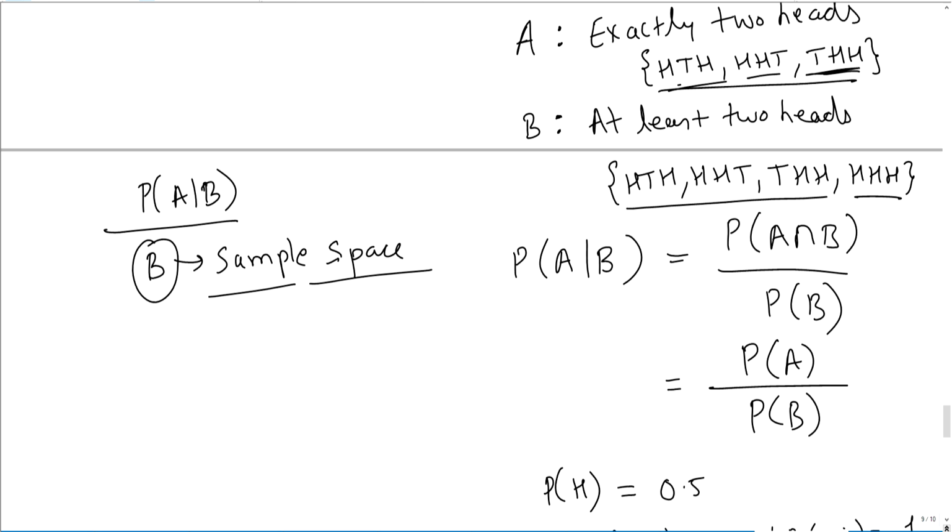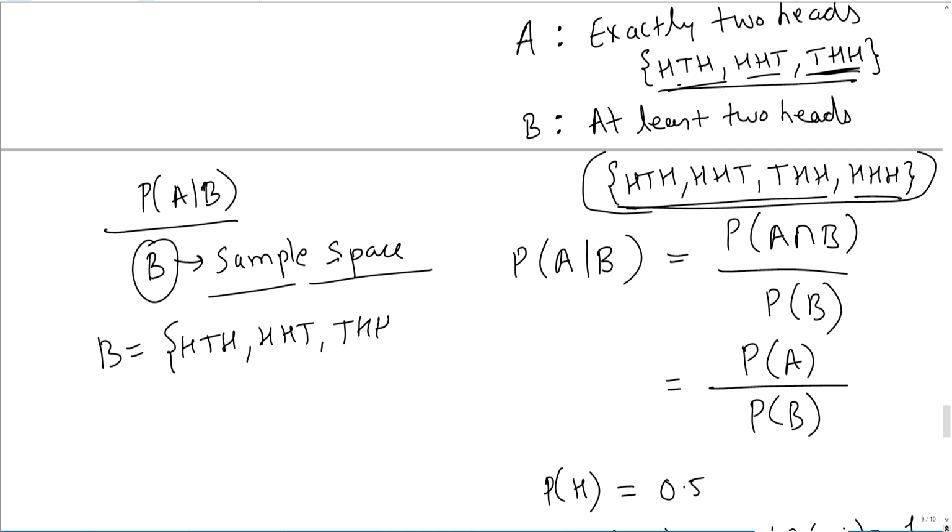Let us see how. So, let us think of B as your sample space. What is B? B is the event that at least 2 heads occur, right. So, B is HTH, HHT, THH and HHH. So, let us say this is your new sample space. Okay.